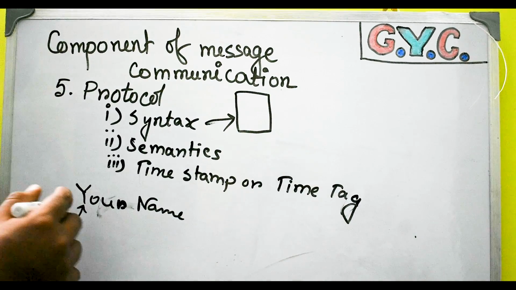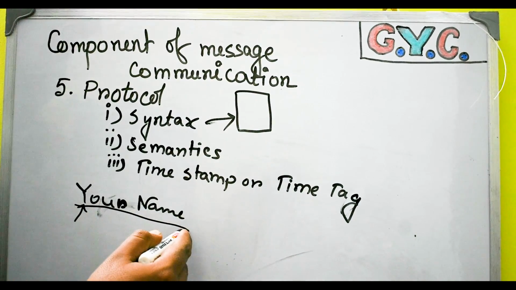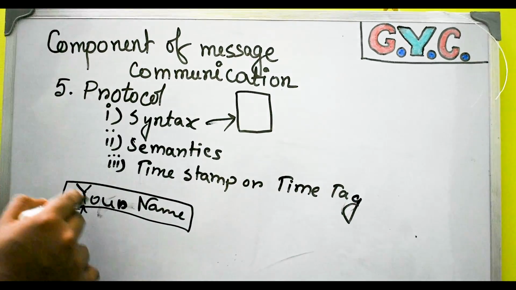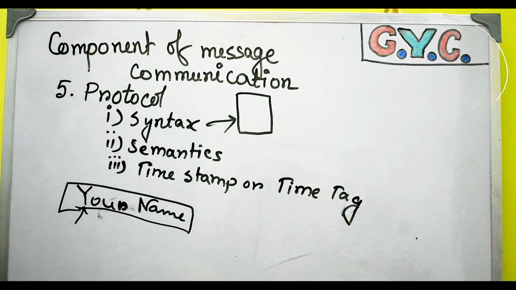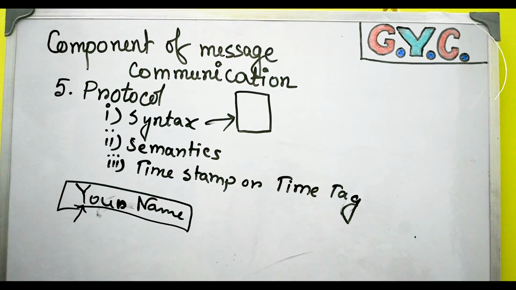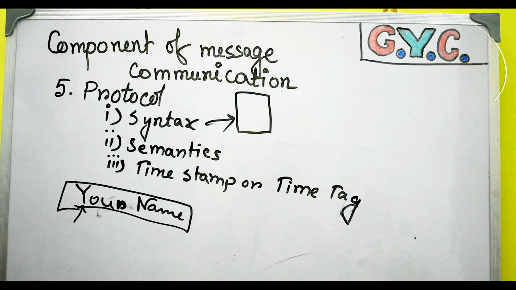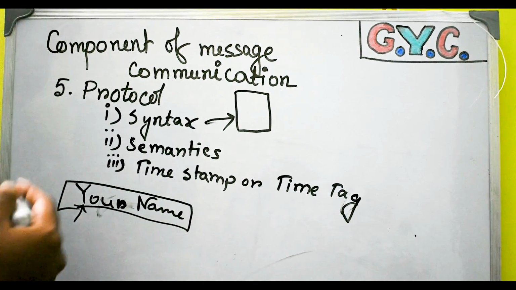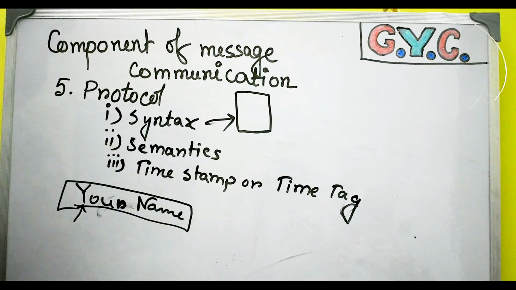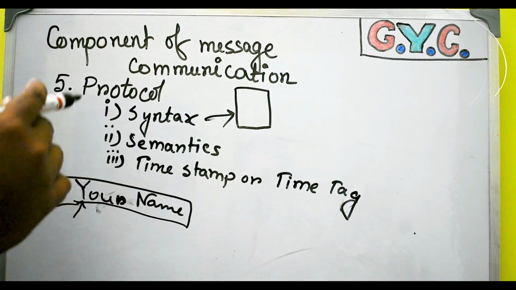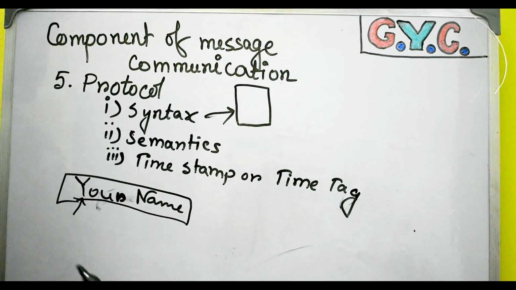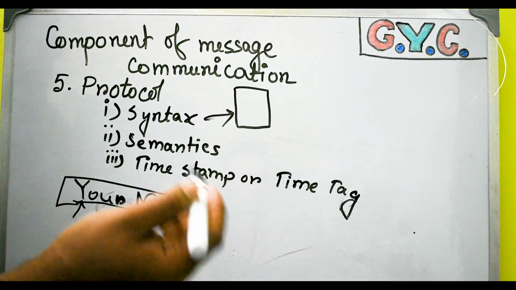Otherwise, if this is in a very normal form, then your message can be tampered with. That means a third party in between the sender and the receiver, between you and your friend, can tamper with this message. They can make some changes, or they can receive the confidential message that you want to send to your friend, and no one else.